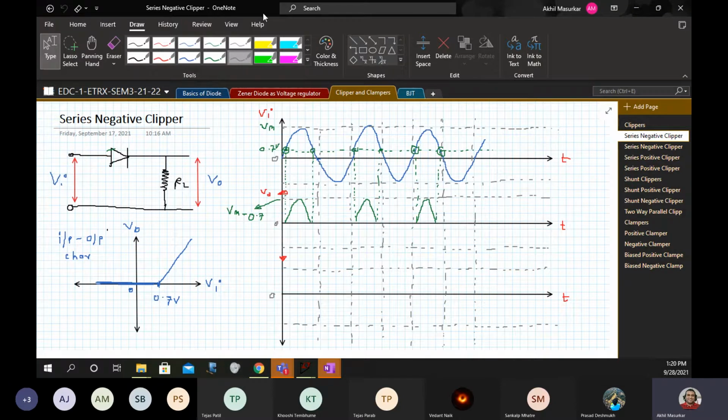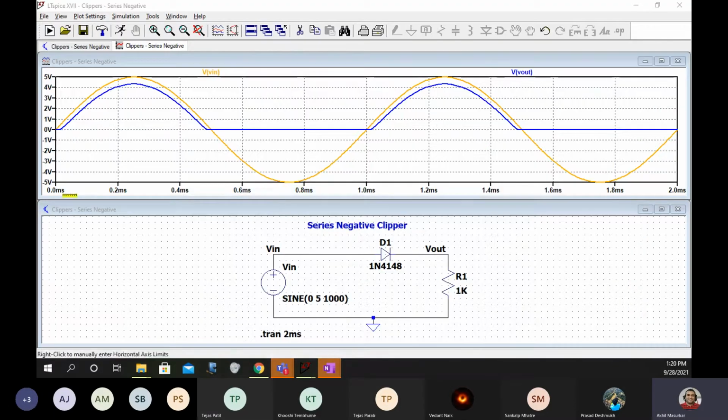So we got this green waveform here. So post this part in the chat box.